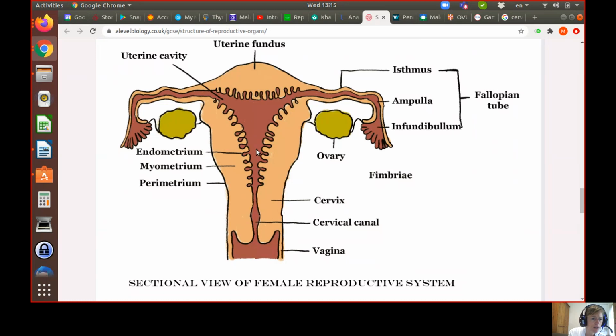So the main function of the uterus is to nourish whom? Yes, the developing fetus prior to birth.